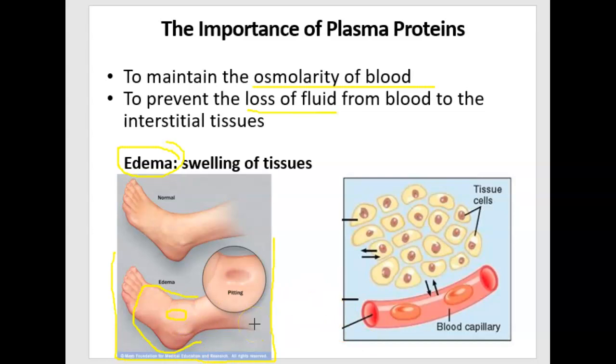And if the pit stays for a while, the depression stays for a while, we call it pitting edema. Now the picture on the right just shows you interstitial fluid exists between cells, and that's where the fluid from the blood would go into the interstitial space.